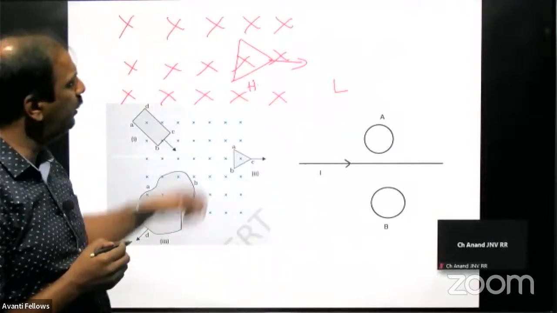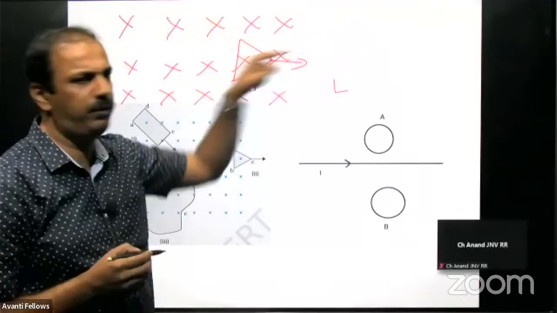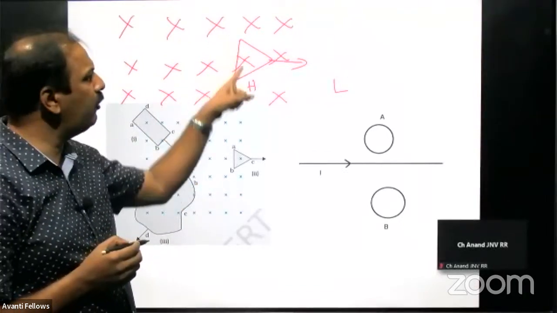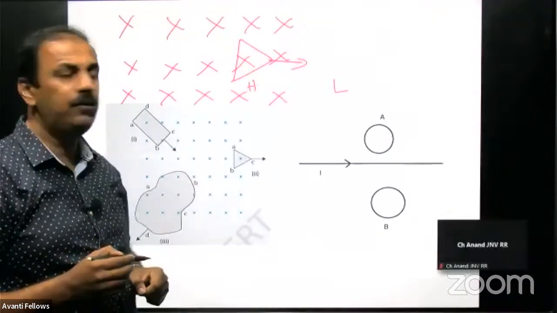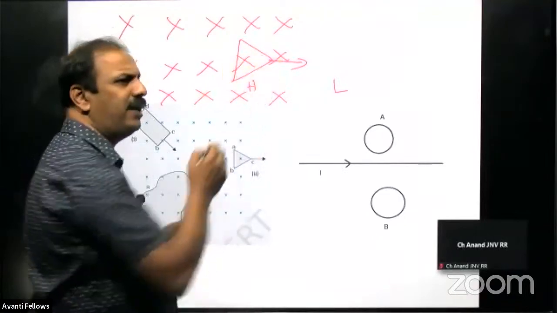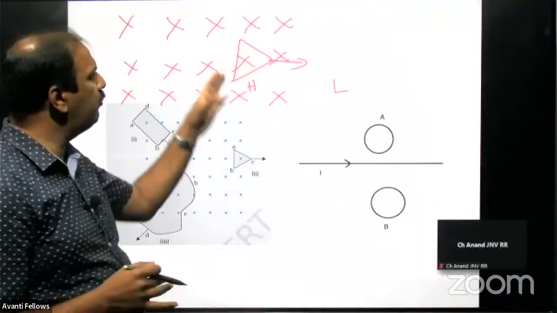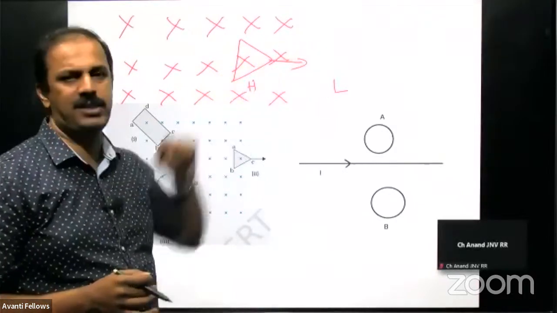So what are we doing? We are taking this triangle from higher field to lower field. So when you are taking from higher field to lower field, what are we doing to the flux? We are reducing the flux inside this triangle. Inside the triangle, we have a flux. When you are taking from here to there, we are reducing the flux.